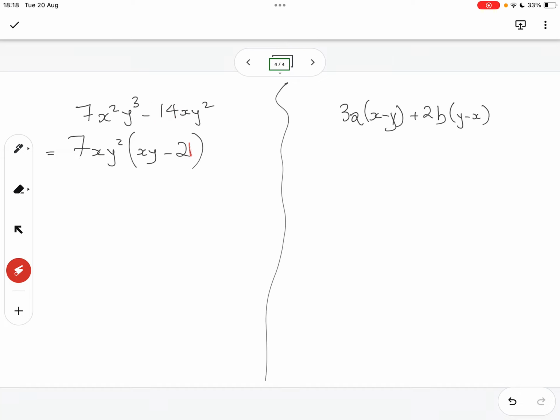Minus 2. 100%. And let's check. If I multiply 7 with negative 2, I get negative 14. If I multiply the x with, well, there's 1 there, so I get the x. And if I multiply the y squared with 1, I get y squared.